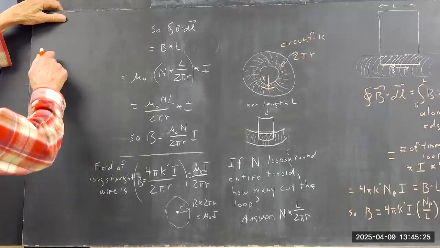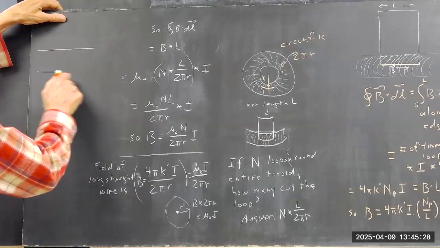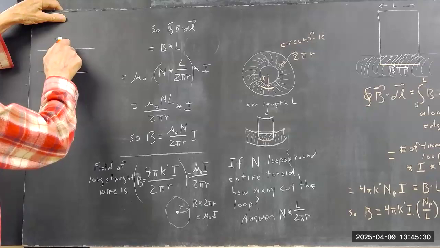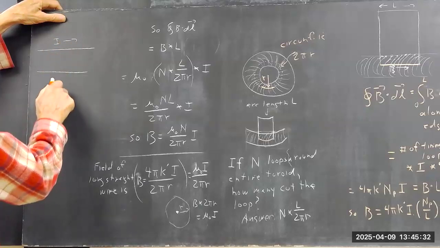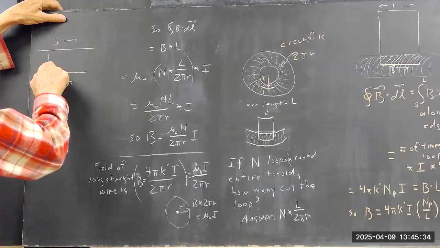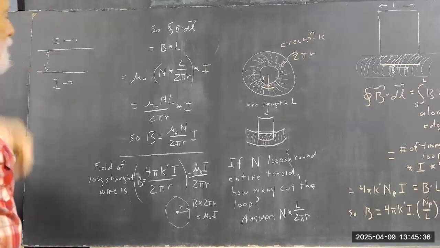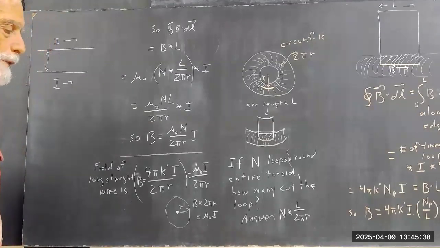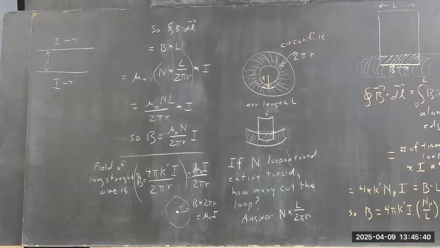If you have two long straight wires separated by a distance, I just need a symbol, so I'll use R again.